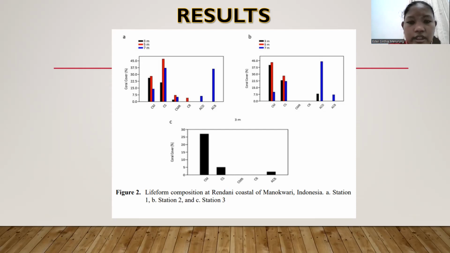Non-Acropora have no axial corallite, while Acropora have both axial and radial corallites.